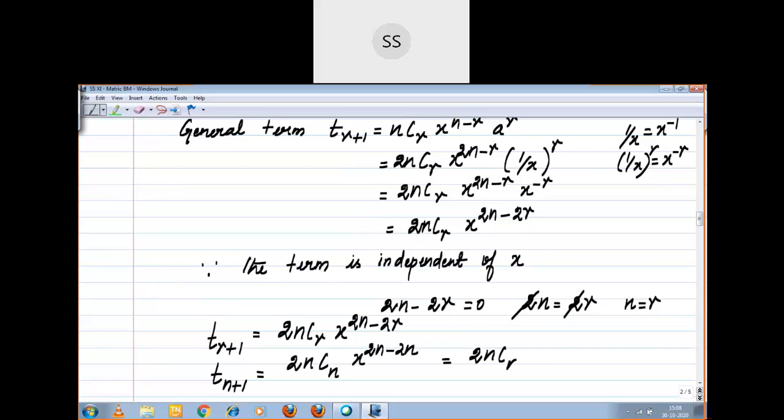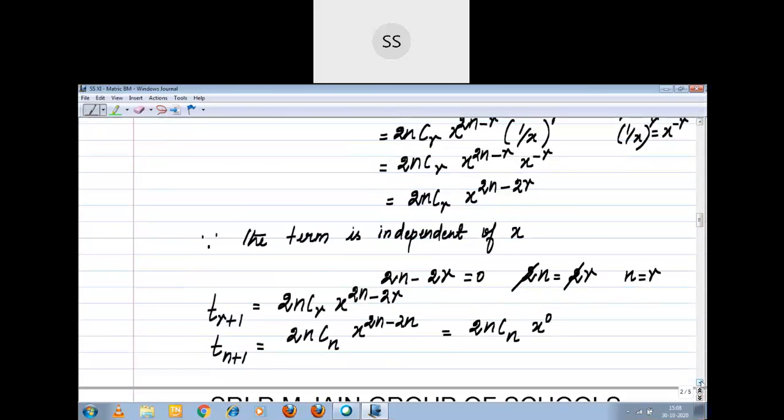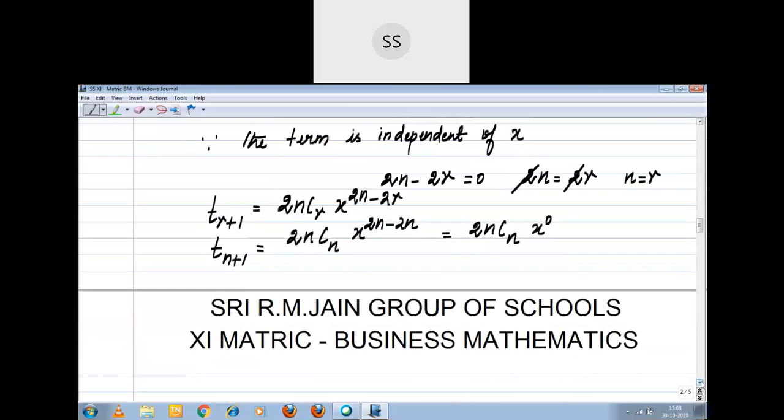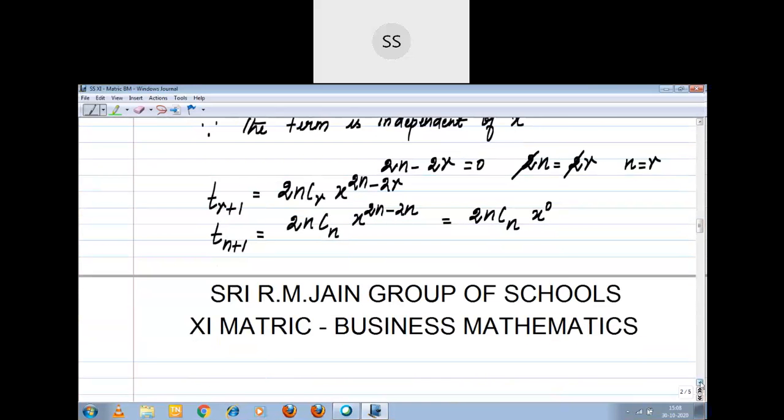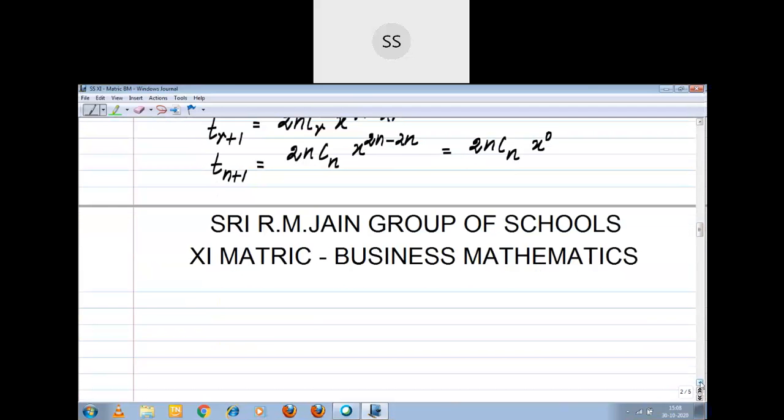TR plus 1 equal to what we had? 2n CR x power 2n minus 2r. Here you found r equal to n. So, Tn plus 1 equal to 2n Cn x power 2n minus 2n, which is equal to 2n Cn x to the power 0. Got it, children?